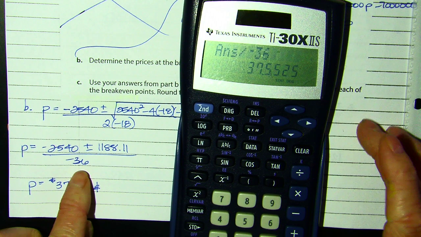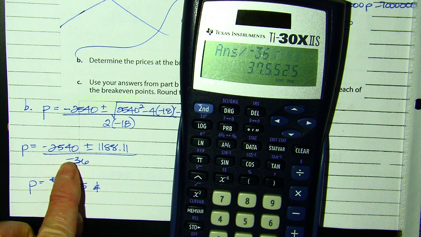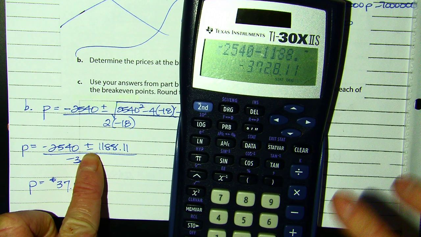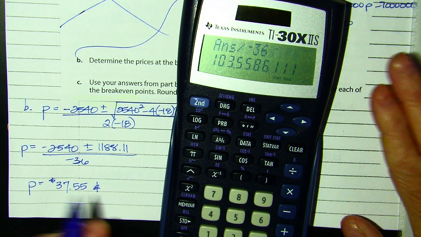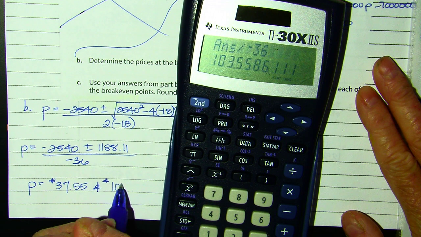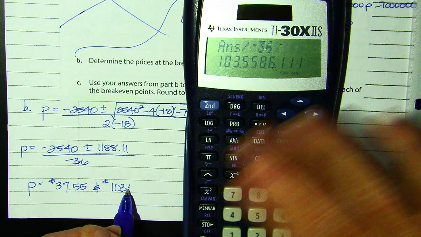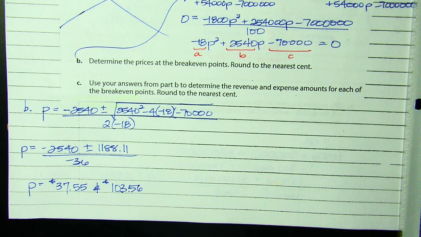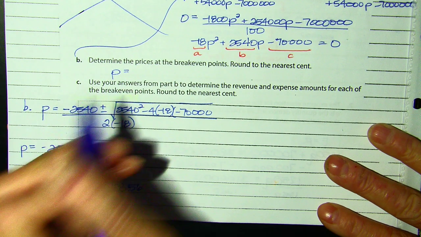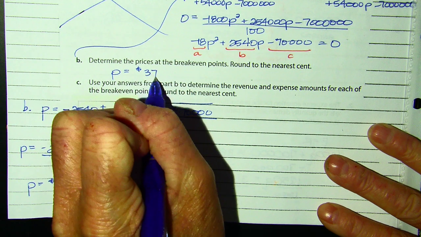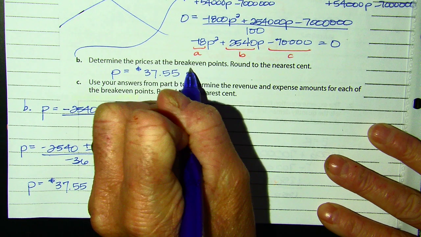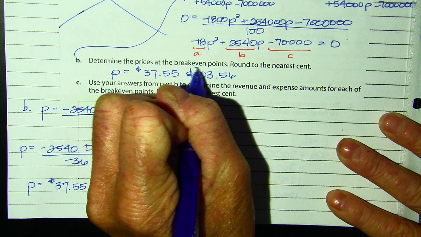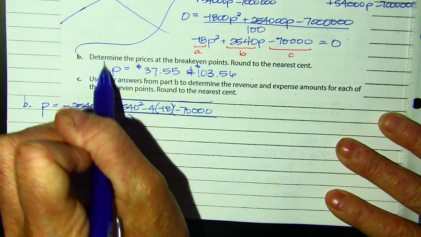Now I'm going to find the next one: negative 2540 minus 1188.11, hit enter, then divide by negative 36, and my next is $103.56, rounding again. So the prices are $37.55 and $103.56. Okay, so there's part B.